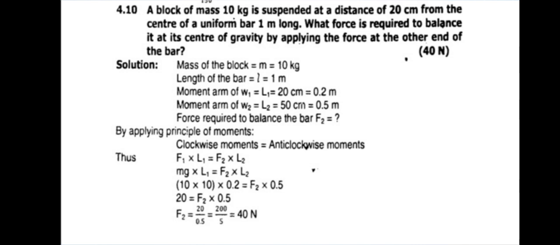F1 equals mg, because F1 is not directly given by the above data, that's why mg into L1 equals F2 into L2. By putting all the values given in the data, you will find the force required to balance the bar, F2, which is equal to 40 Newton.